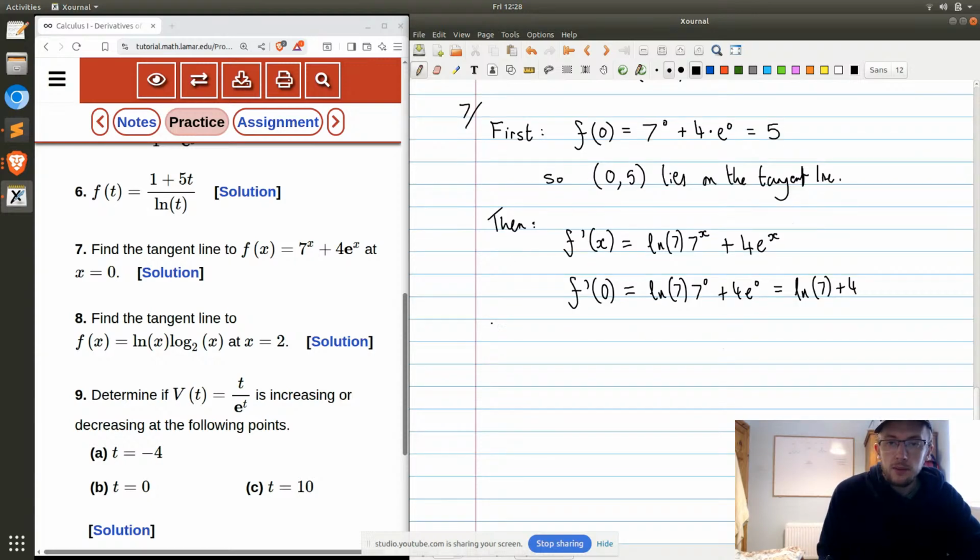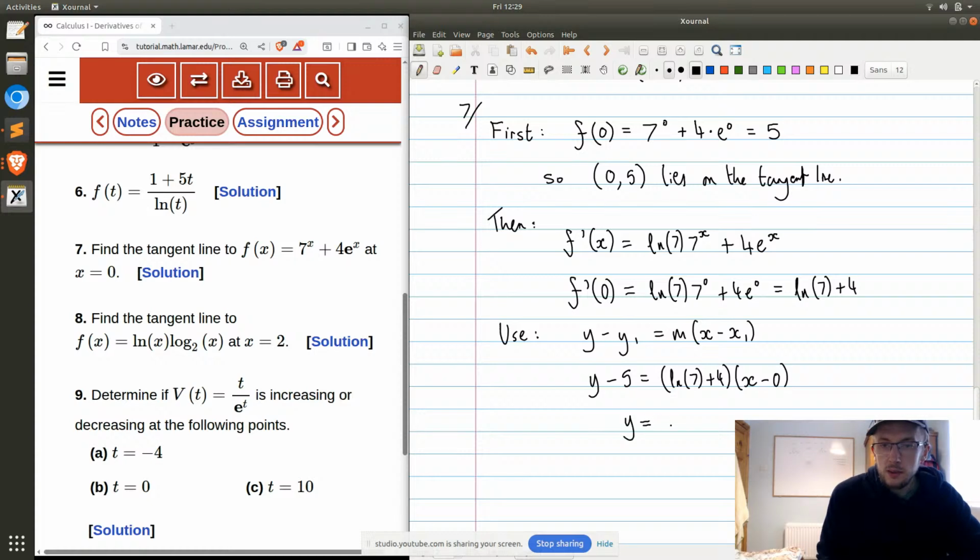And now y minus y1 equals m open brackets x minus x1. So we have x1, y1, they are 0 and 5. So we say y minus 5 equals ln 7 plus 4 open brackets x minus 0.